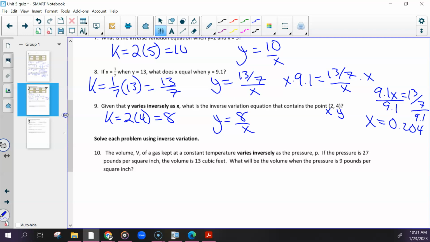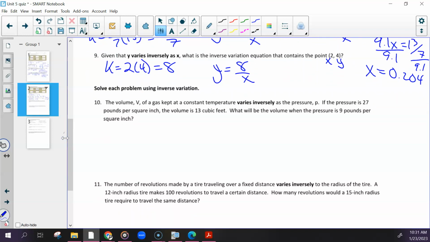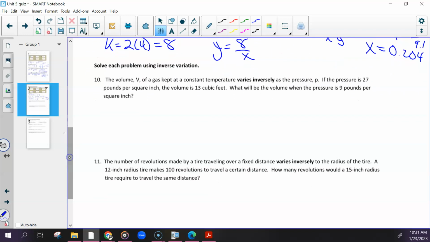Numbers 10 and 11 are very similar to the points on the first page. So we're given variables b and p, that would be like your y and x, but use the original variables. So your original equation would be b equals k over p.